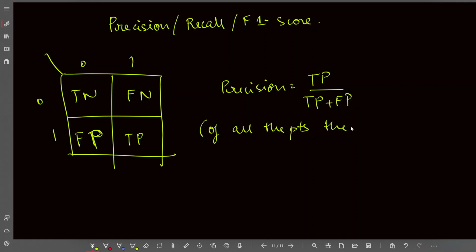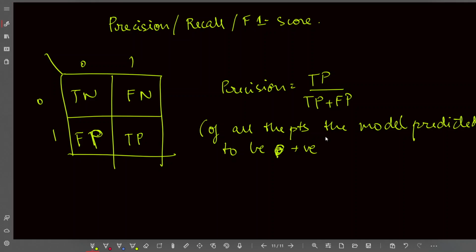Okay, so of all the points the model predicted to be positive, these are all the points that are predicted to be positive, right? Either correctly or incorrectly.